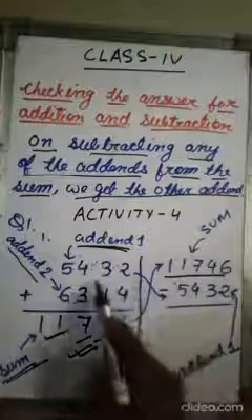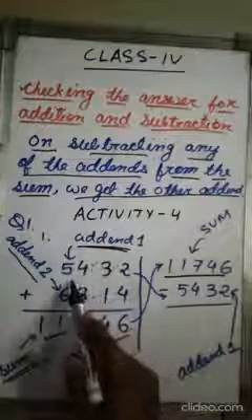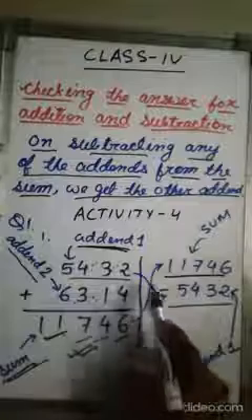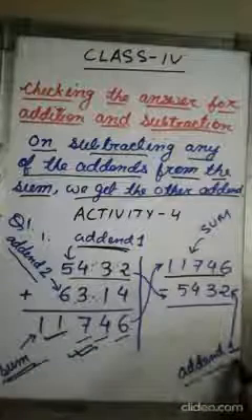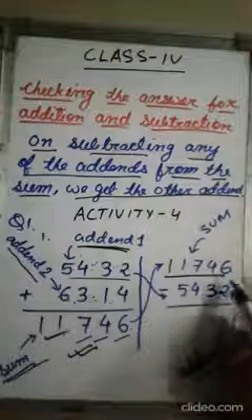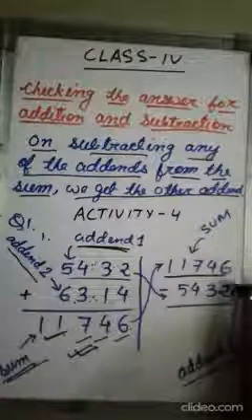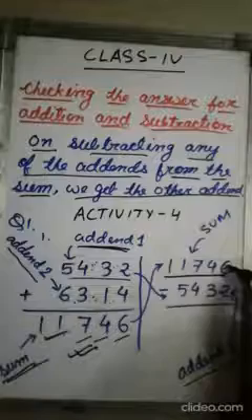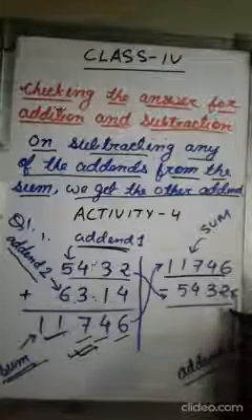One of the addends, addend 1, 5,432, I have written here. Now I shall subtract this number from this number and we'll see what we get.